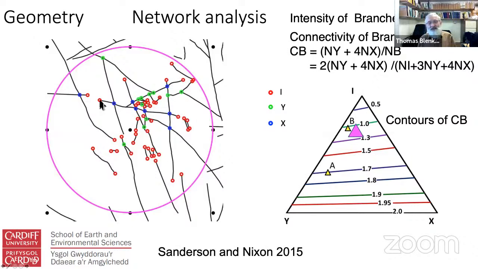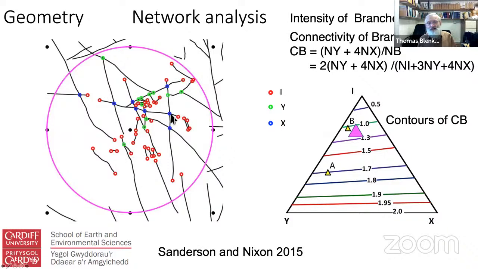So we can distinguish 3 different types of nodes, which are called I, Y, and X. An I node is what happens at the end of a fracture, where it ends. A Y node is where one fracture joins another and stops. And an X node is where 2 fractures cross each other, in blue in this case.